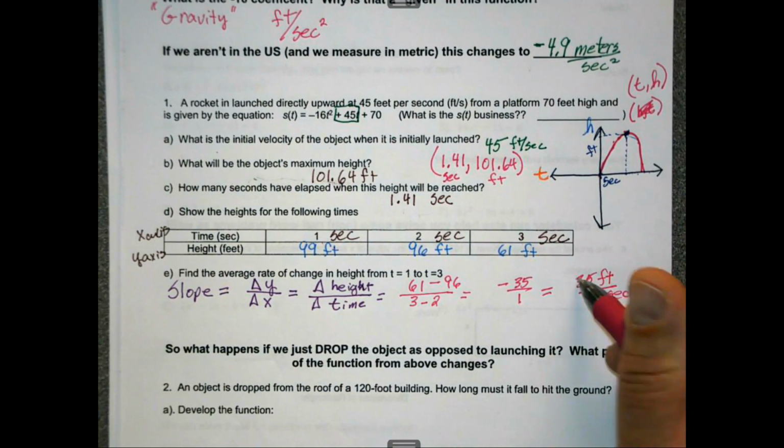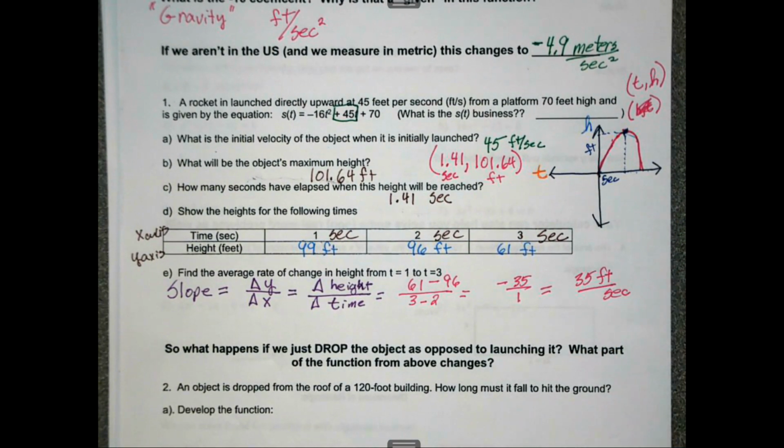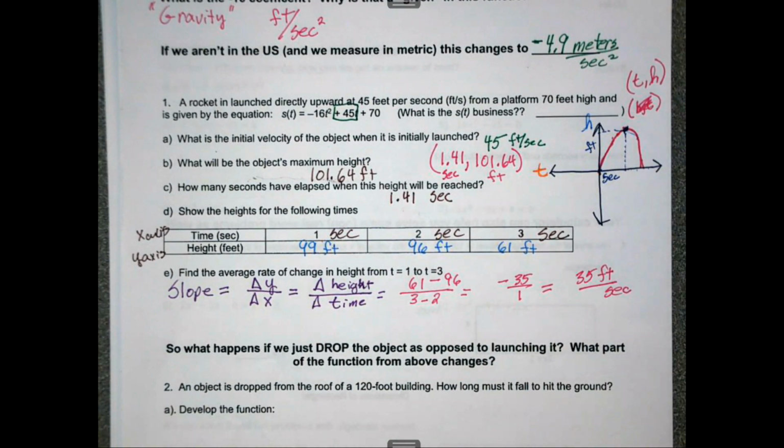And we're not going to use the negative because, again, distance has to be positive. I'm going to use the absolute value of that 35. Easy peasy, right? Thank God you guys focused and used the calculator to go along with me.